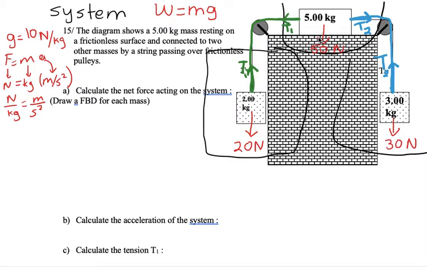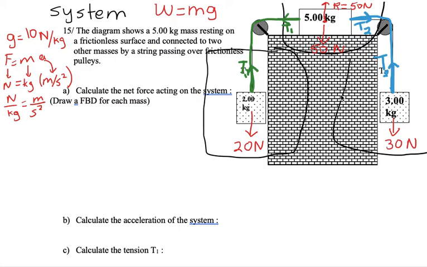Well, this one is acting on a surface and it's not going through the surface. So there must be a reaction force which has to be equal to 50 newtons upward. So these are balanced. This mass is vertically balanced, but we don't know about T1 and T2.